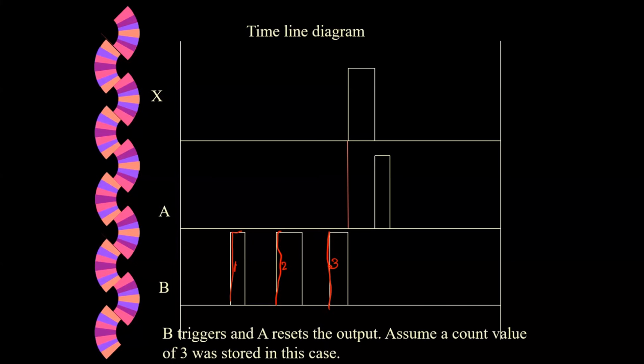Now, should this output X be here? The rising edge, then come down, when it comes here, so it is on for this time. Or should it be on the trailing edge?